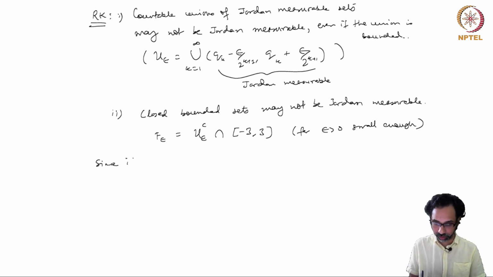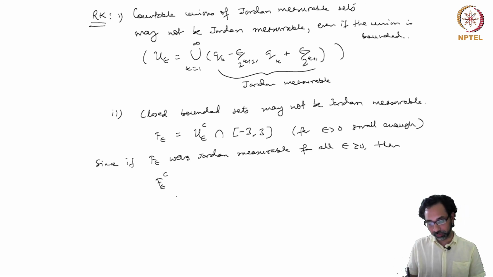Since if F epsilon was Jordan measurable for all epsilon, then you can take the complement of F epsilon, which would then be Jordan measurable if you intersect it with, say, [-3, 3]. Now this would be a Jordan measurable set, but one can show that this is nothing but U epsilon.